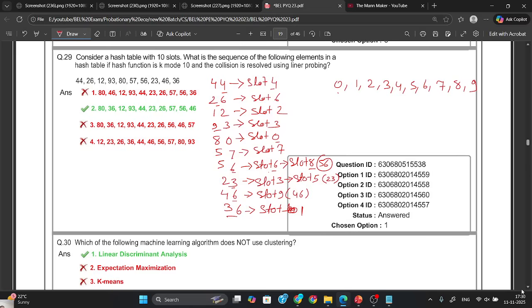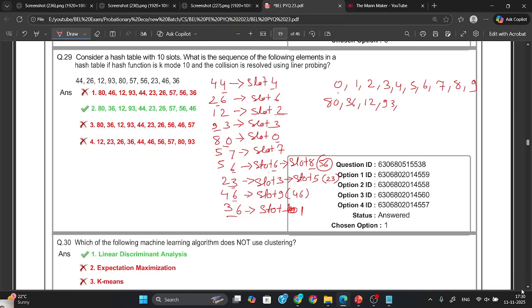Slot 0 is occupied by 80. Now slot 1 is occupied by 36. Slot 2 is occupied by 12. Slot 3 is 93.